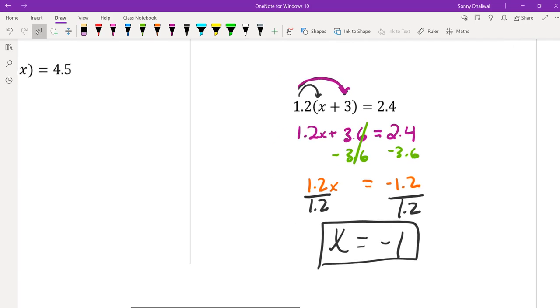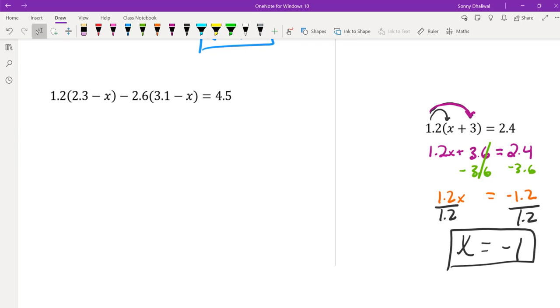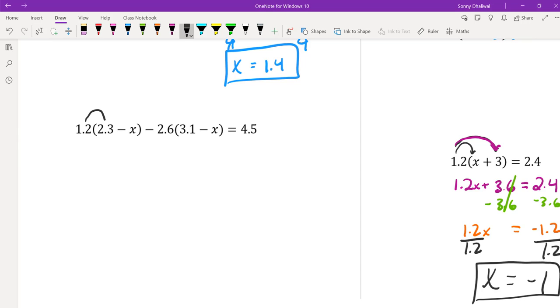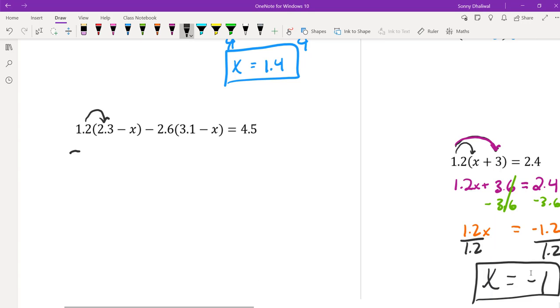Now to make your life a little bit harder, we can have multiple brackets and multiple numbers. The process is the same, except now we have lots of terms that we need to collect. So we start off with this one. You multiply those together, 1.2 times 2.3, that's 2.76.